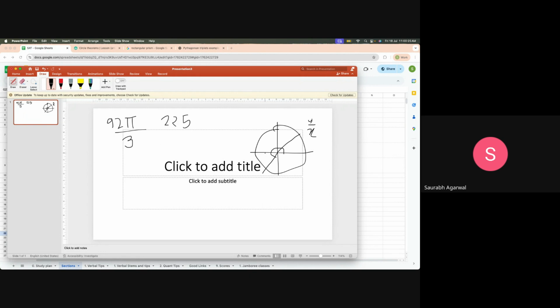Now this will be the y and this will be the x, right? So this y will be negative, so your tan 225 value will come out negative. Now, how do you calculate tan 225 if you don't have the calculator? If this angle is 225, then this angle is 45, right?